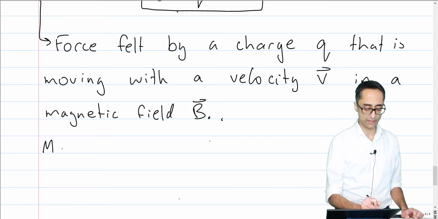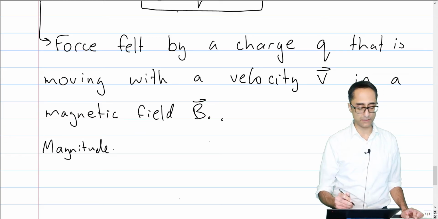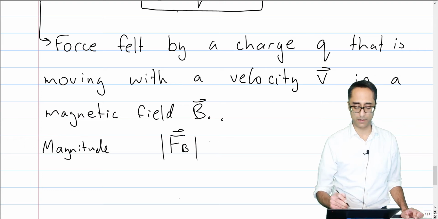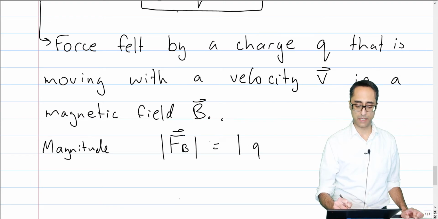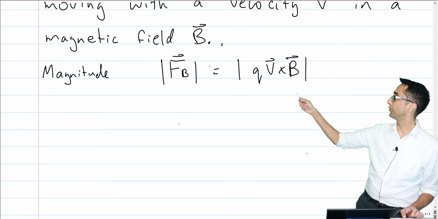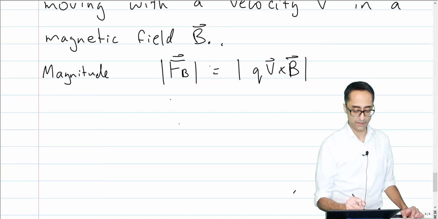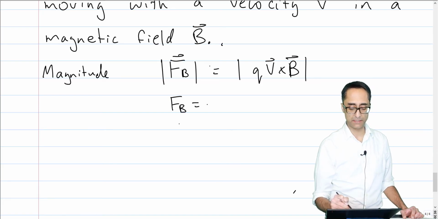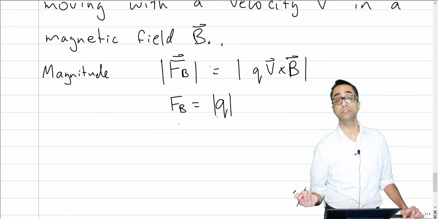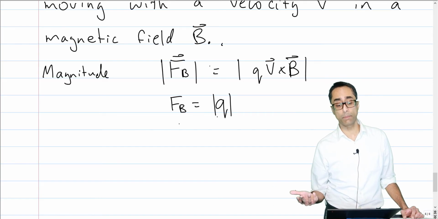Let's start with the magnitude. If we were to find the magnitude of that force, we'll throw our magnitude signs around both sides of this equation, QV cross B. And we'll take the magnitude of the cross product there. Left-hand side is obviously, we'll just call it FB. The right-hand side, we keep the magnitude sign on Q. The charge can be negative or positive.